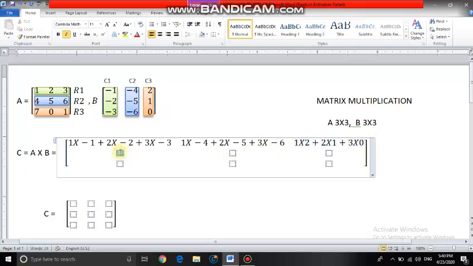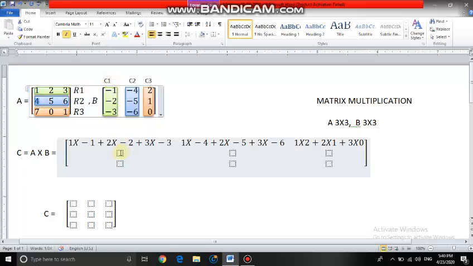Now this is C21, second row, first column of the C matrix. As the position itself says, C21 means the second row of the first matrix and the first column of the second matrix.